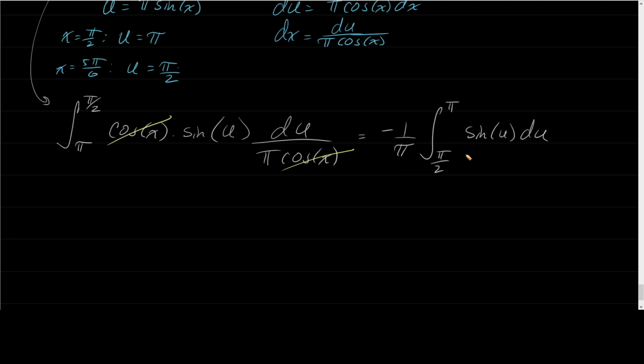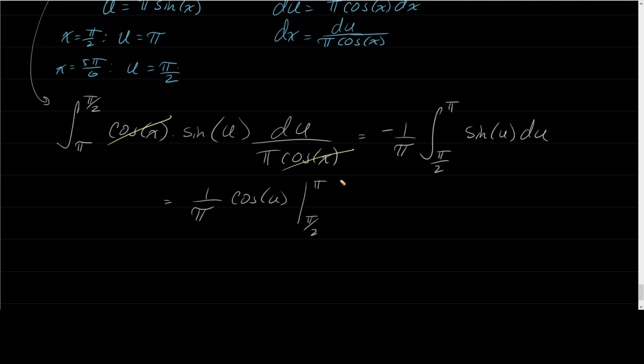Then at that point, it's just a matter of integrating, right? Since we have the integral of sine, that's going to give us negative cosine. But with this negative that's out here, it becomes positive. So I have 1 over pi times positive cosine of u evaluated from pi over 2 to pi.